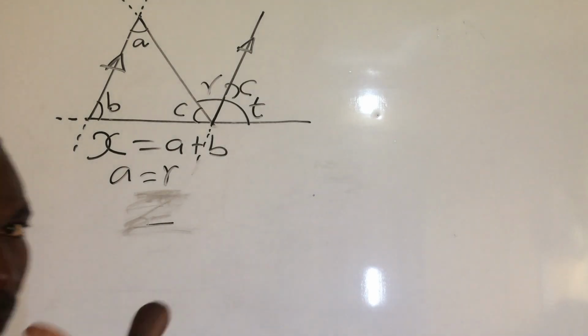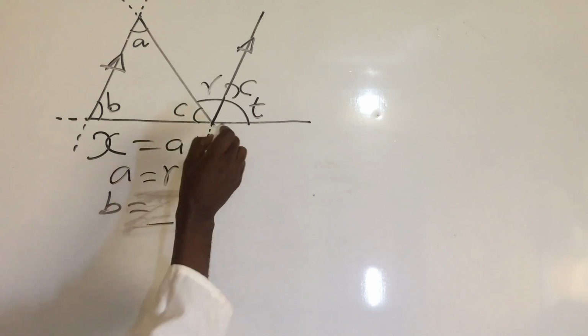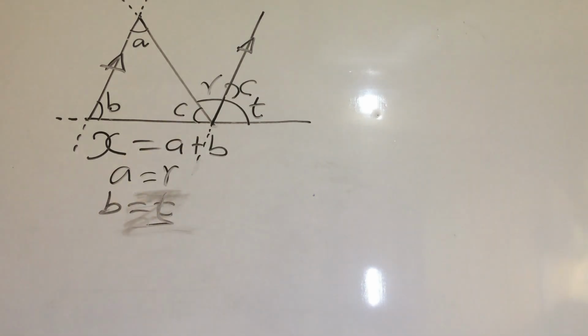So from corresponding angles, I've taught you that B here is equal to T. B is equal to T.